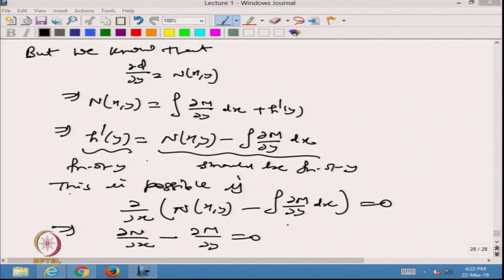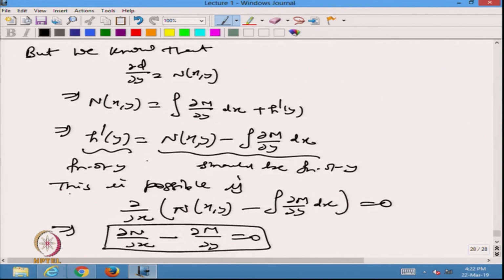So, by the fundamental theorem of calculus I will get only del M by del y. So, from here del N by del x is equal to del M by del y.